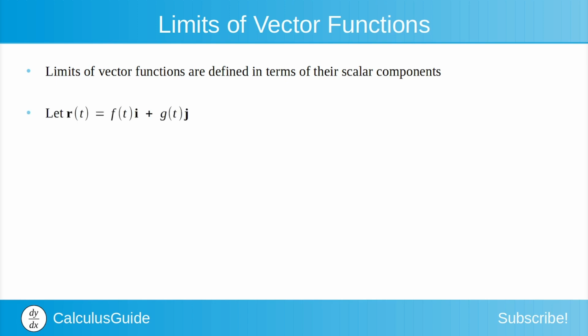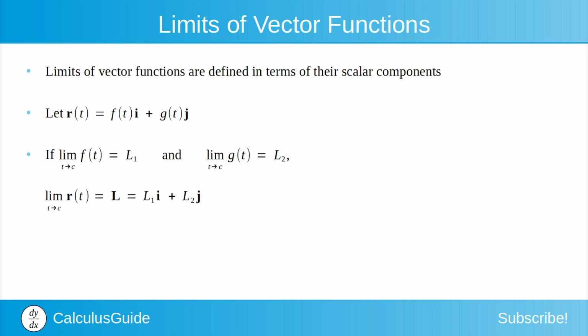For a vector function r of t equal to f of t i plus g of t j, if f of t approaches the limit L1 as t approaches c, and g of t approaches the limit L2 as t approaches c, then r of t approaches the limit L as t approaches c, and this vector L is equal to L1 i plus L2 j. I'll demonstrate this with an example.